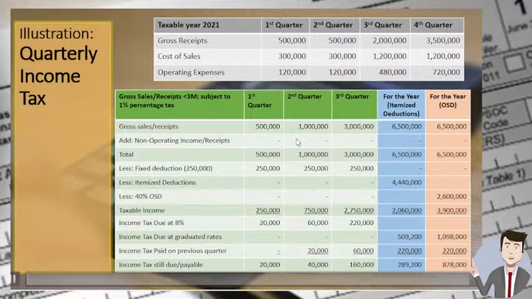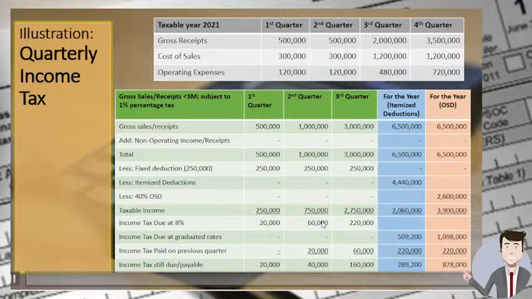Since the law allows us to deduct what we call fixed deduction of 250. So that's 1 million minus 250. Your taxable income for second quarter is 750.